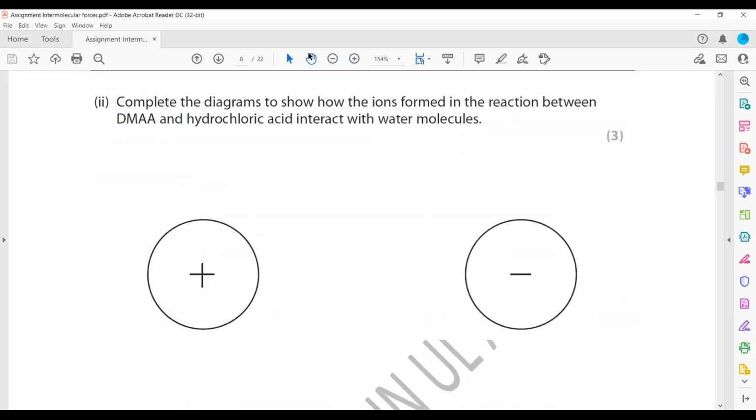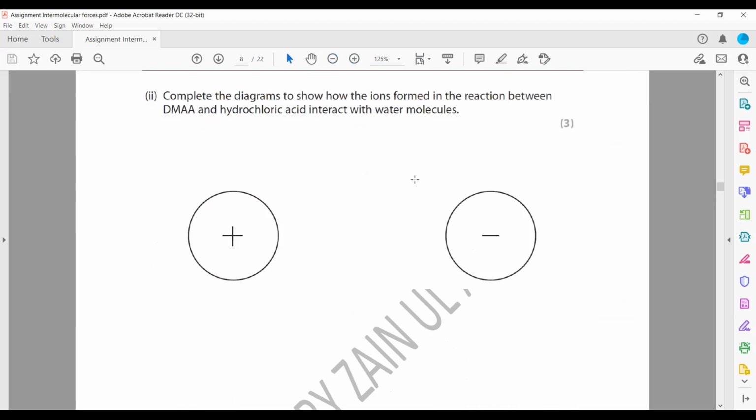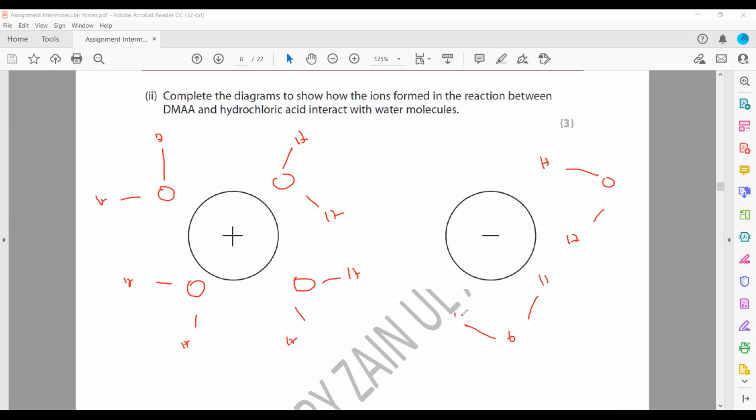Then complete a diagram to show how the ions formed in the reaction between DMAA and hydrochloric acid interact with the water molecule. So the positive ions, how will they interact? Yesterday we discussed the concept of hydration energy: oxygen is partial negative, so oxygen will be attracted towards the positive ion, and hydrogen is attracted towards the negative ion.